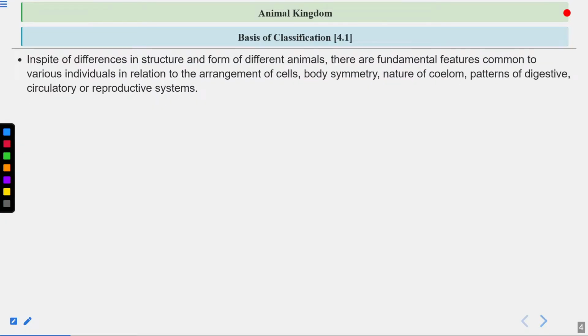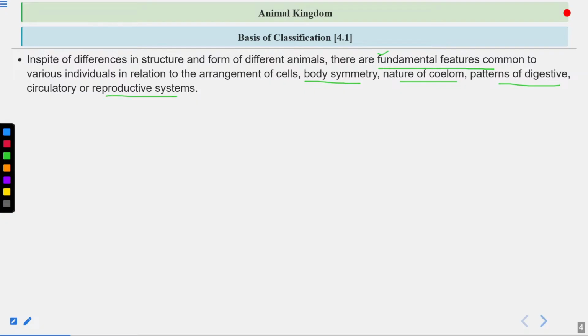Now, the basis of classification. This is the 4.1 section of your NCERT book, right? So, in spite of the difference in the structure and forms of different animals, there are fundamental features common to the various individuals in relation to the arrangement of cells, body symmetry, nature of coelom, and patterns of digestive, circulatory, and reproductive system, right?